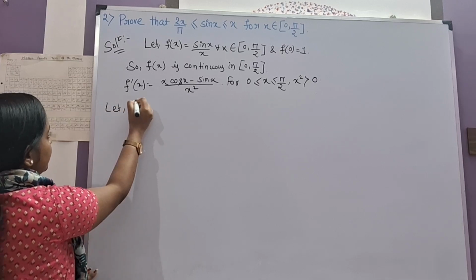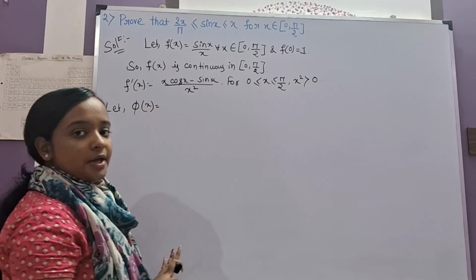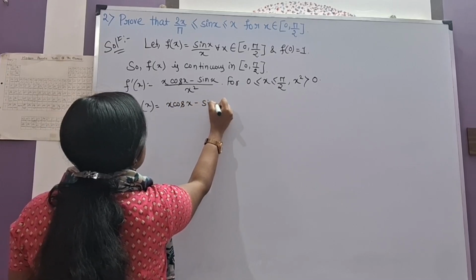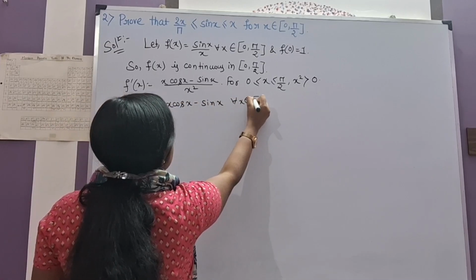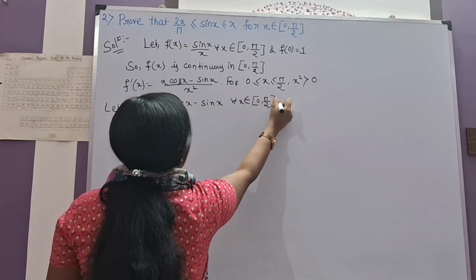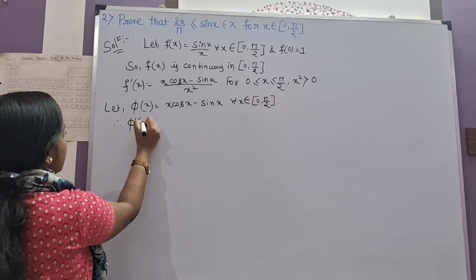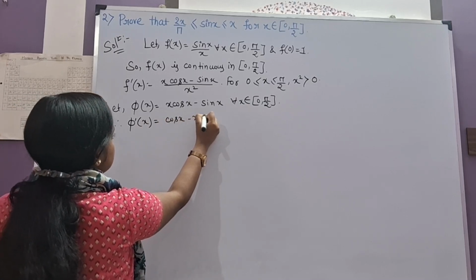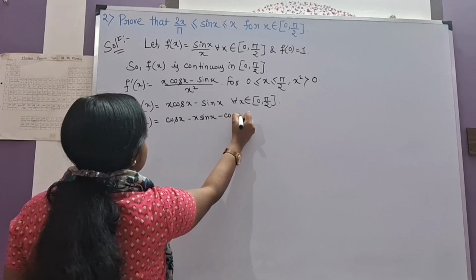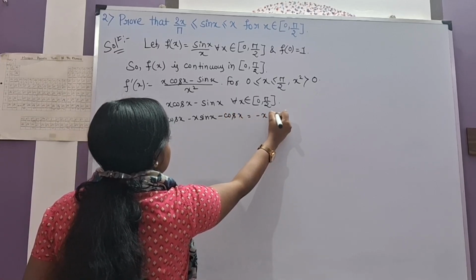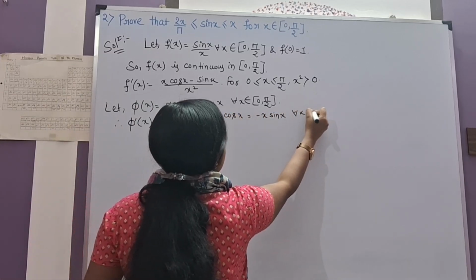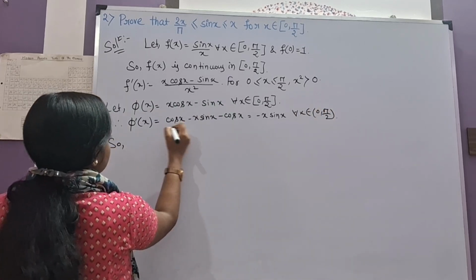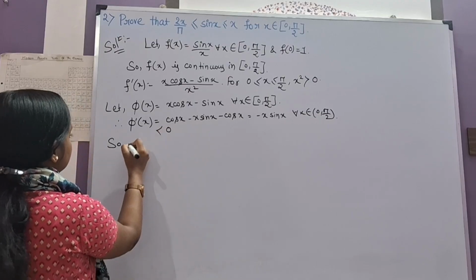Now we are going to choose another function phi of x, which is equal to x cos x minus sin x for all x belonging to closed interval 0, pi by 2. Now phi dash of x equal to cos x minus x sin x minus cos x equal to minus x sin x for all x belonging to 0, pi by 2. And this is less than 0.